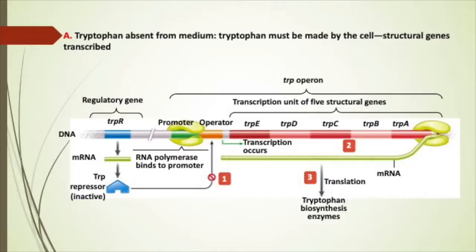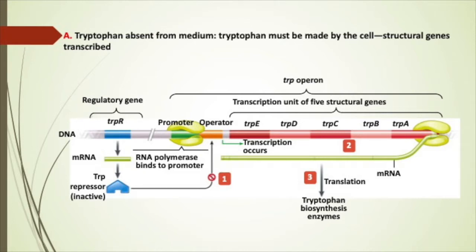When tryptophan is absent from the media, it must be made by the cell, right? Structural genes are transcribed. So you have your regulatory gene at the end, some type of regulatory gene, the trp repressor.